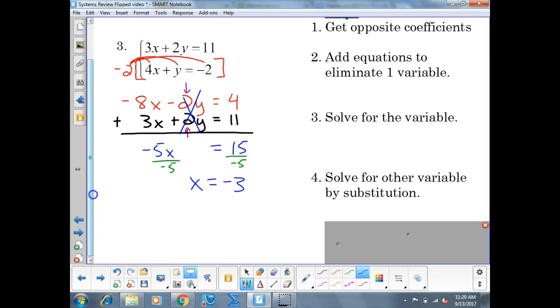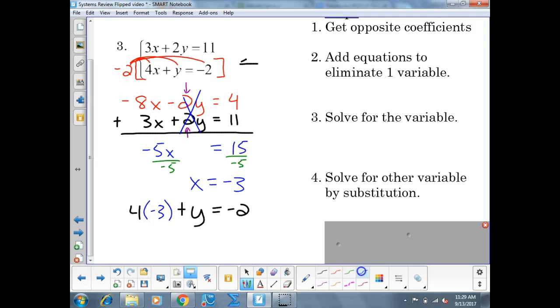So I'm solving for y. So let's go into this bottom equation here. So let's go 4x. Oops, pardon me. Let's go 4 times negative 3 plus y equals negative 2.